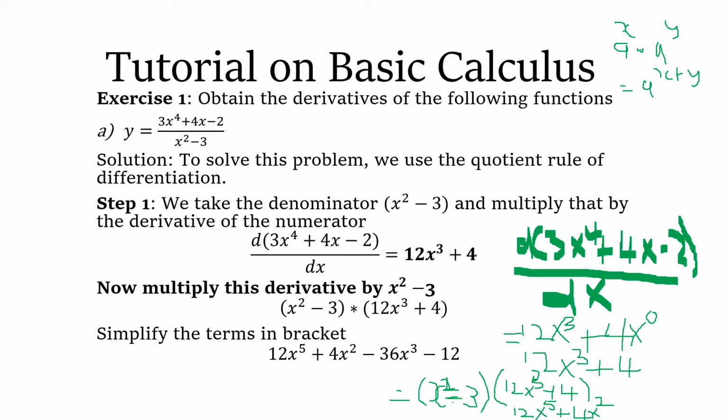I told you whenever you multiply two different signs, the answer is always negative. Two different signs, negative. Two similar signs, positive. When you multiply two different signs, take for example minus times plus or plus times minus, the answer is always a negative.